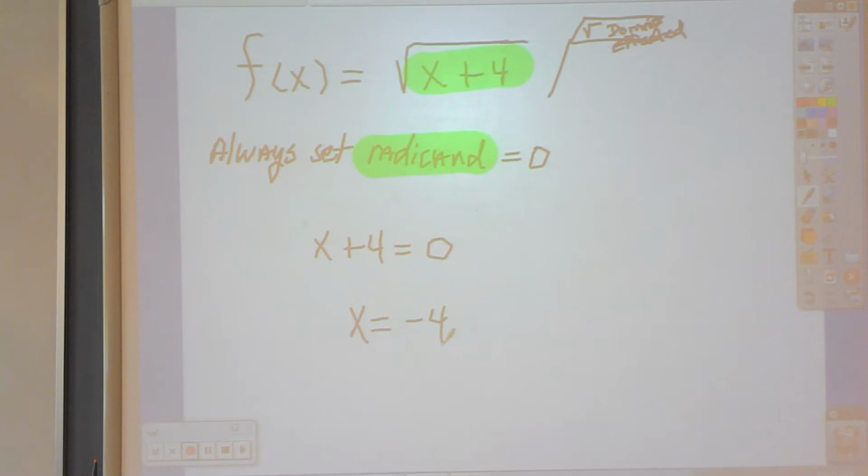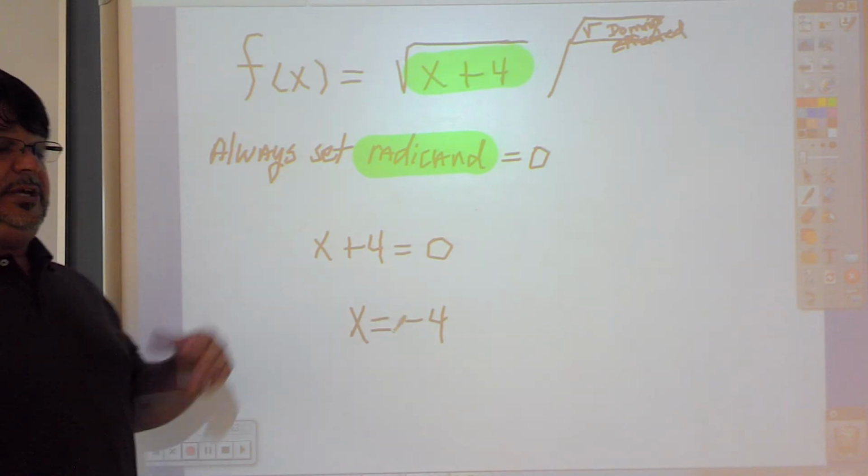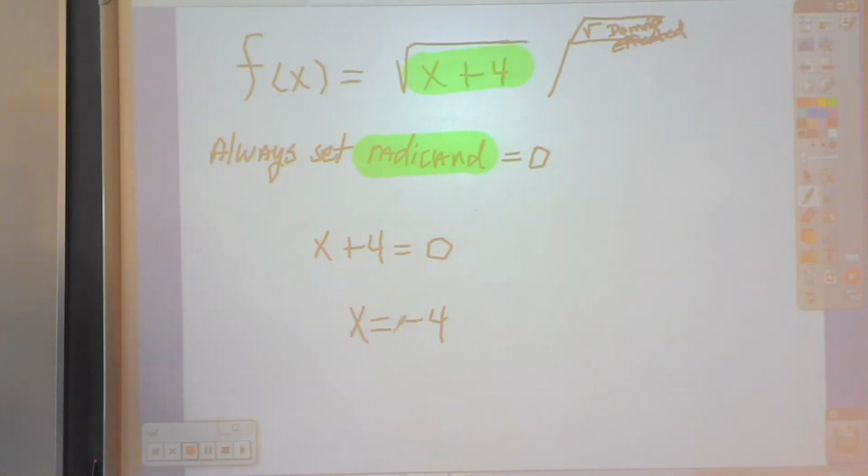Go 1 up, 1 down. 1 up from negative 4 is negative 3. Let's plug in negative 3. Negative 3 plus 4 is 1. Negative 2 plus 4 is 2. Negative 1 plus 4 is 3. 0 plus 4 is 4. 1 plus 4 is 5. So we can use everything above negative 4.